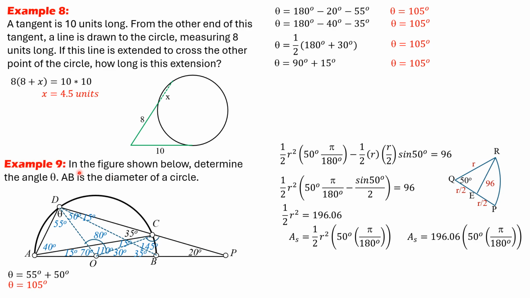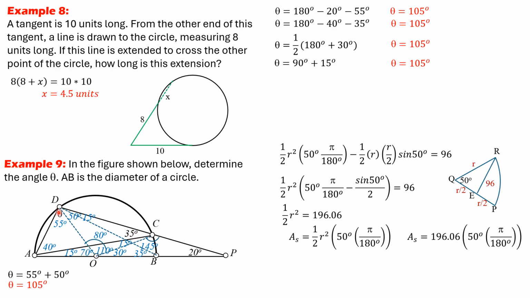Next, example 9, in the figure shown below, determine the angle theta. AB is the diameter of a circle. So let's solve for theta in multiple ways. So first, we have this angle given, then this 35-degree angle subtends arc AD. Then this corresponding central angle is 2 times 35.